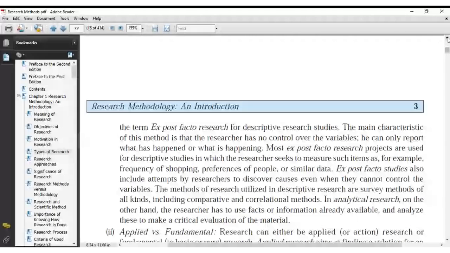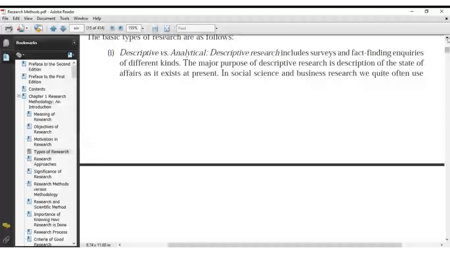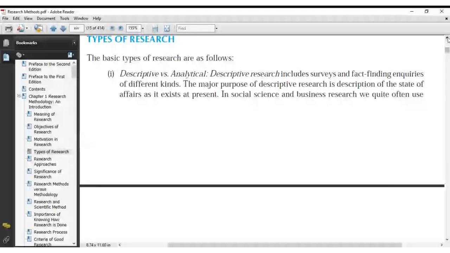So let us begin with descriptive versus analytical research. Now, descriptive research, it is a survey to find facts. And the major purpose of this research, which makes it to be called descriptive, is to describe the state of affairs or how a thing exists presently. So, in descriptive research, you are trying to describe how a thing works presently.